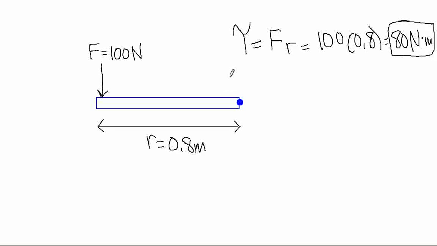The R variable is defined as the distance from the axis of rotation to the point where the force is applied. Notice that if R got smaller, the torque value would be smaller. So that means that with the same force, you would have less torque. This is how this plays out in the real world.